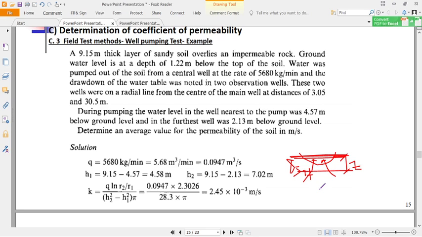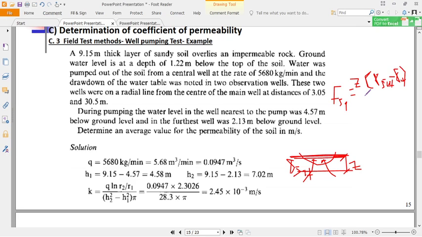So the factor of safety against piping, called the factor of safety against heaving, F, will be equal to the effective stress, that will be Z times the saturated unit weight minus the unit weight of water, divided by the lifting force.